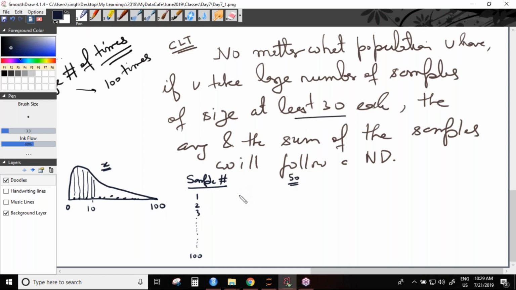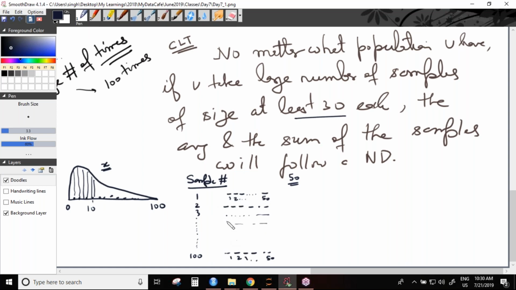So we generate 50 random numbers from here, 1, 2, 3, and so on till 50. Similarly, for the second sample also, generate 50 random numbers, and so on. We generate 50 random numbers from this population each time.